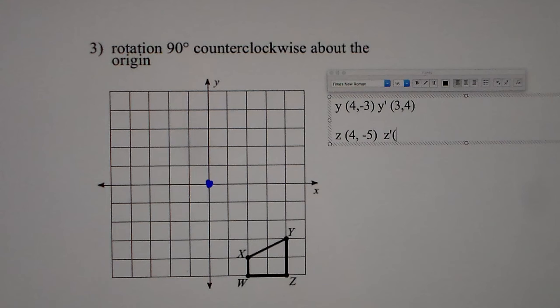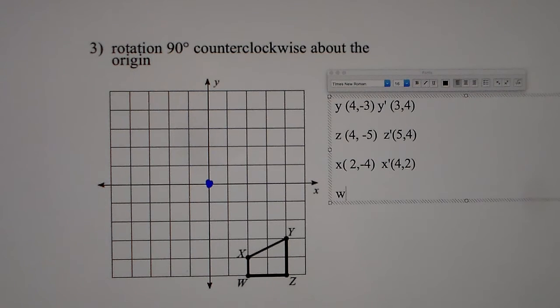Z prime, when we flip it, turns into 5 comma 4. X is 2 to the right, 4 down, so 2 comma negative 4. So X prime is going to be 4 comma 2.